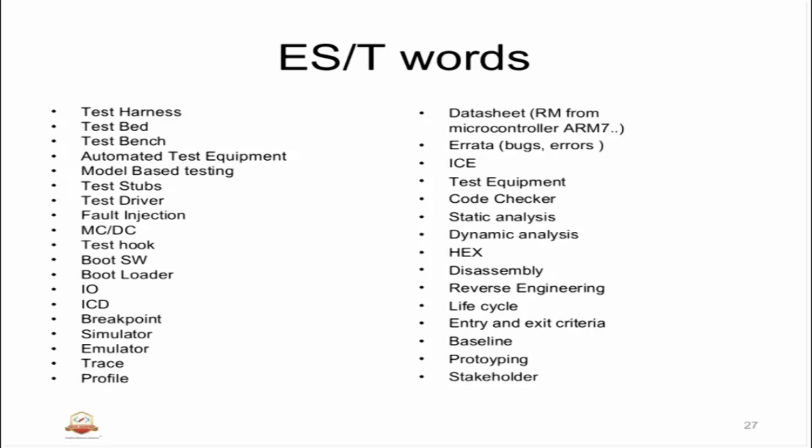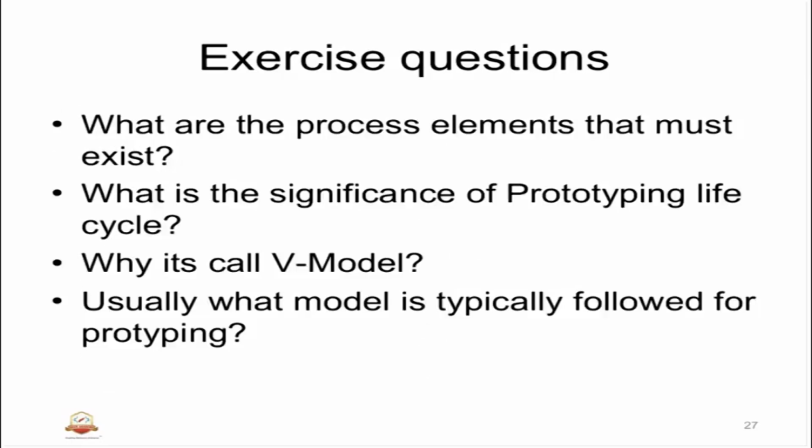I have a question for today's session. This includes the previous session also. I think only for the previous session are these questions applicable; for the current session I will add them in the next session. We have studied the life cycle in detail, about the V model and all that. So these questions are about that. What are the process elements that must exist?